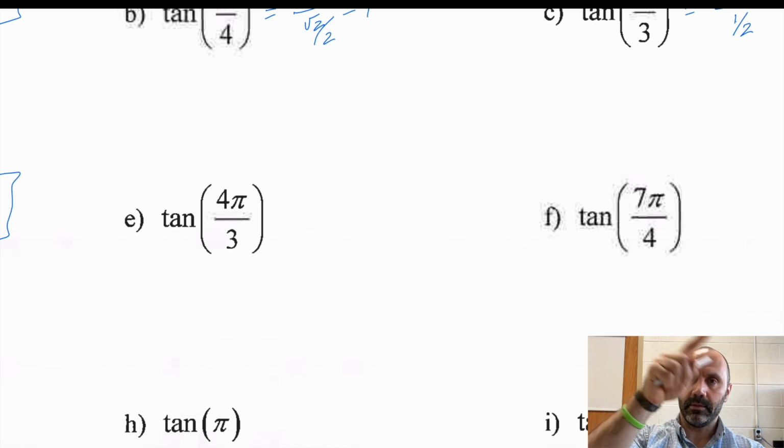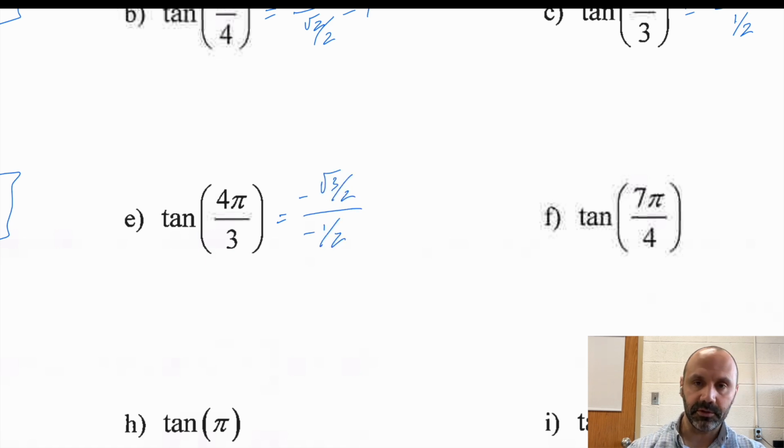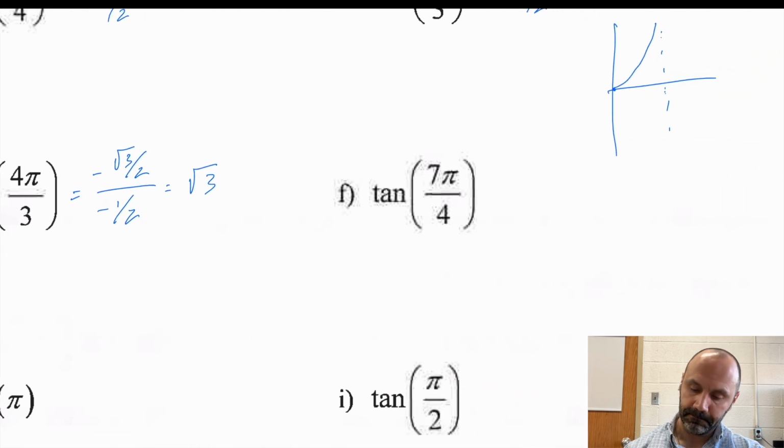I've gone all the way to pi, 180 degrees, and then another 60 degrees. And so that's going to have a large negative y coordinate, negative root 3 over 2, and then negative 1/2, the small negative x coordinate. Both are negative because I'm in the third quadrant. And so this ends up just being positive root 3.